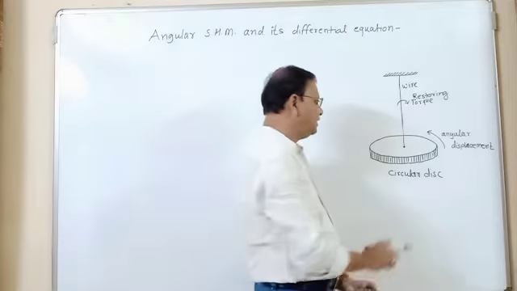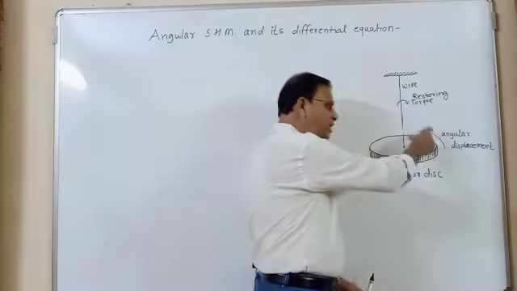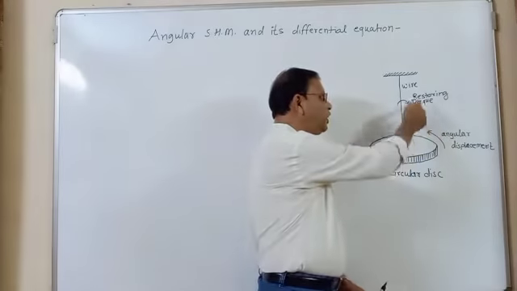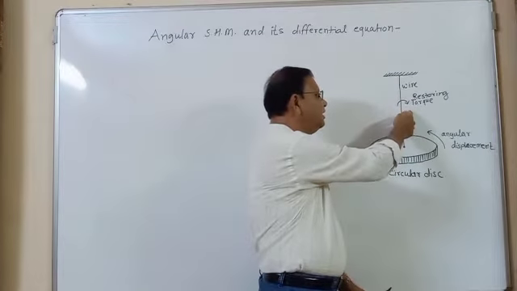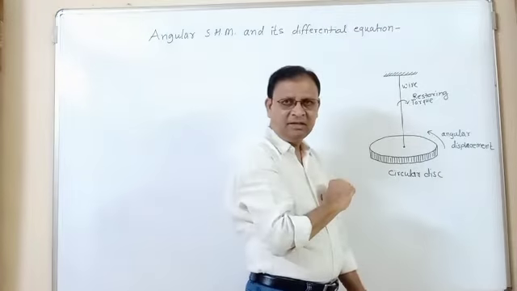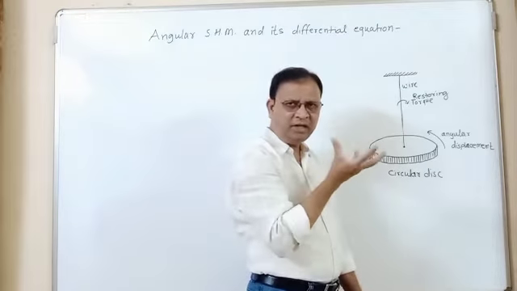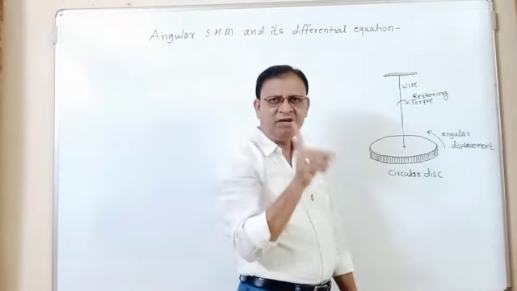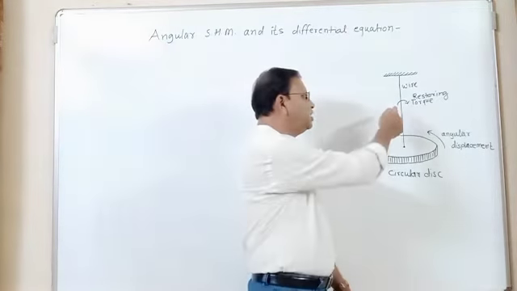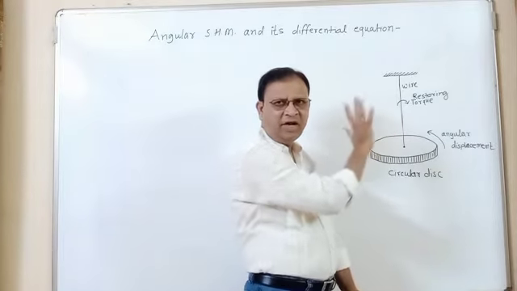On the other hand, if the disc rotates in clockwise direction, then the restoring torque created in the wire is in anti-clockwise direction. That means the angular oscillatory motion of the disc is governed by the restoring torque created in the wire.